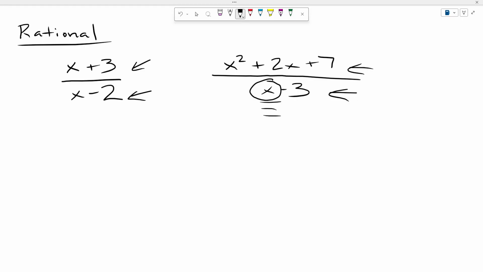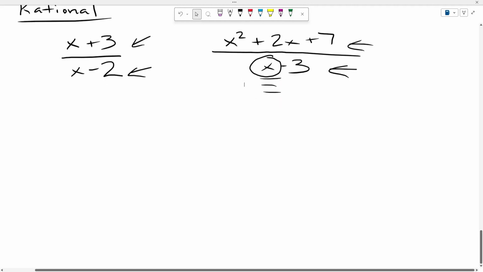So it's best just to get right into a couple of examples. Let's do a couple of rational equations.